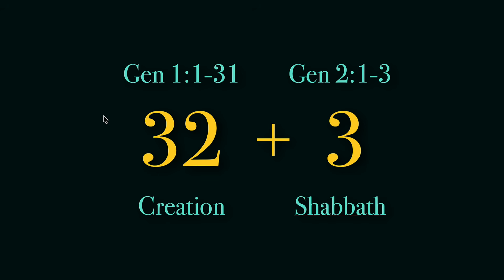In fact, in the whole of the creation section, chapter 1, verse 1 to verse 31, we find the name of Elohim mentioned 32 times, followed by 3 times in the next section, the first 3 verses, where Shabbat is introduced. We're only talking about the name of Elohim by itself in these two sections, 32 plus 3 times.